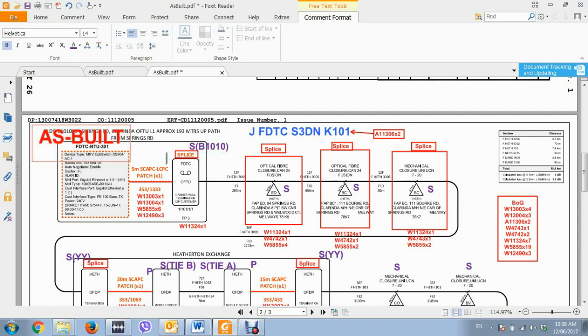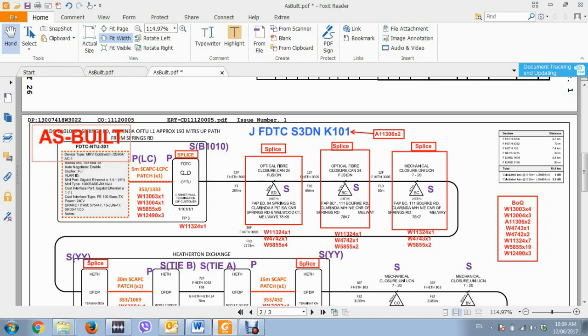Then we have 1P here and 1P here. Between brackets I will write LC because it's the patch core type, I mean the connector.